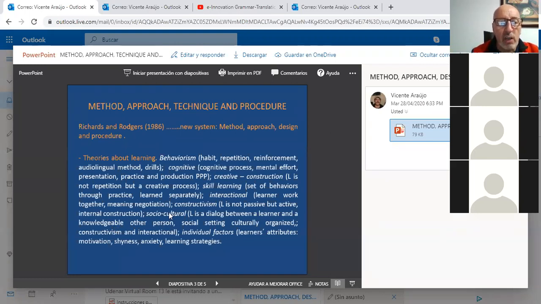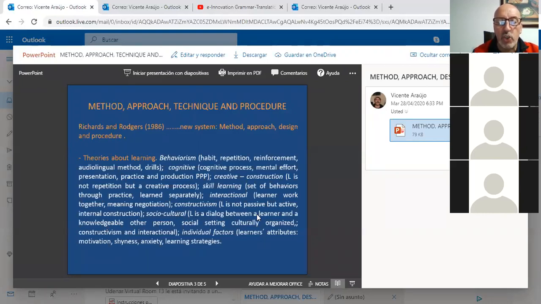So what is the sociocultural view about learning? Language is a dialogue between a learner, for example, a 3-month or 6-month-old baby, and his mother, who knows more about language and about life. So that's the sociocultural theory.